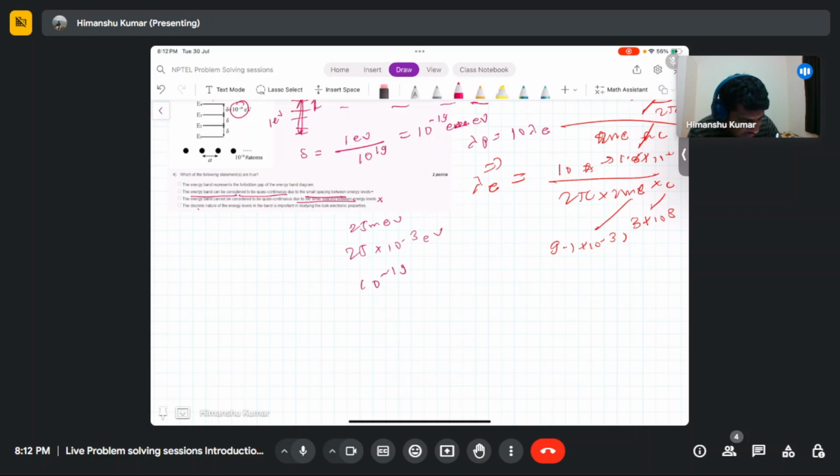The discrete energy levels in the band are important, yes, but that is not the correct answer. The correct answer is B. So you can assume this as a quasi-continuous level.